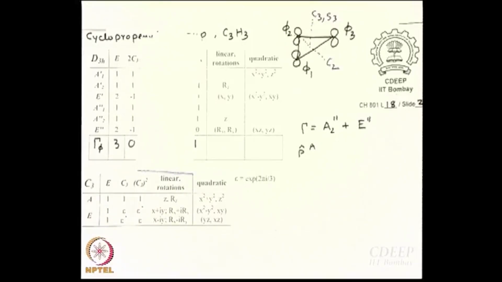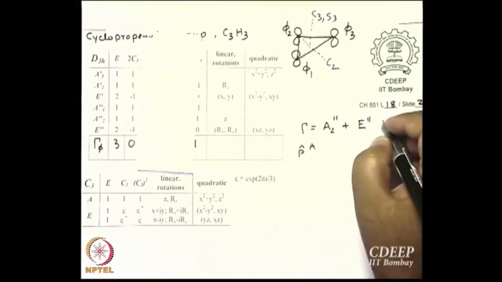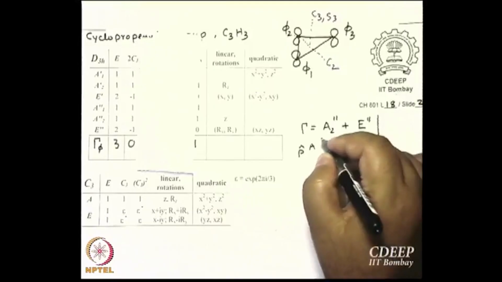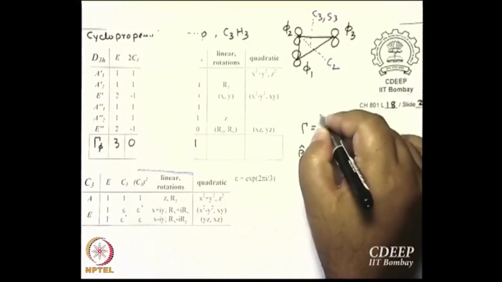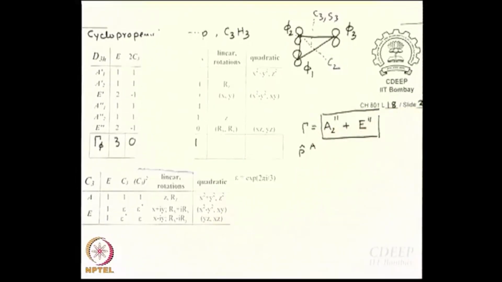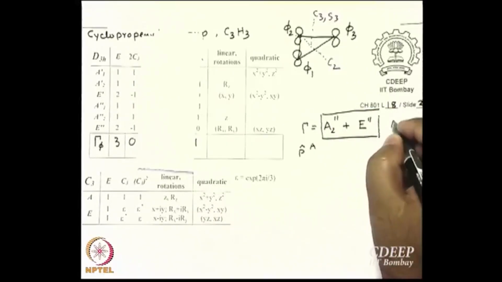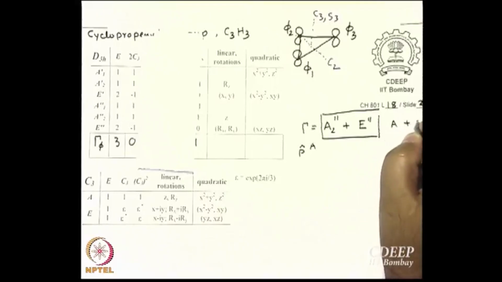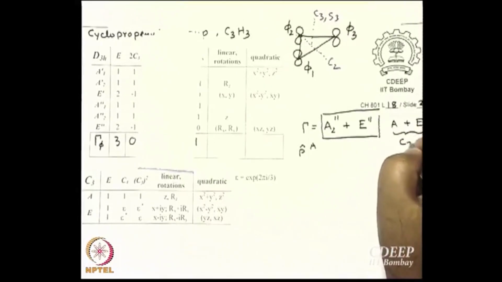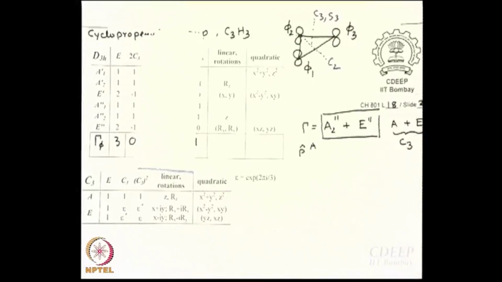That also corresponds to E, same thing. Are we clear? So, in D3h this is correct. In case of C3, what will I write? I will write A plus E when I am working with the C3 subgroup.